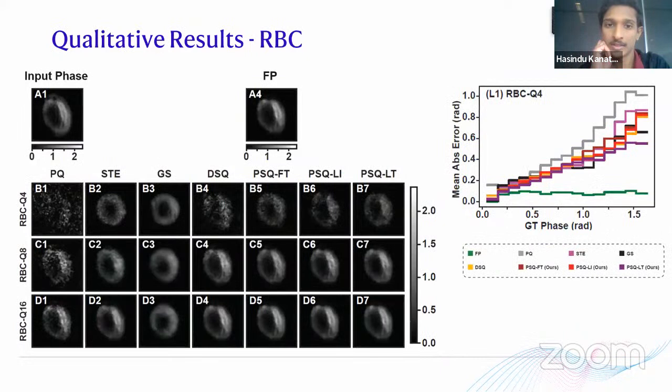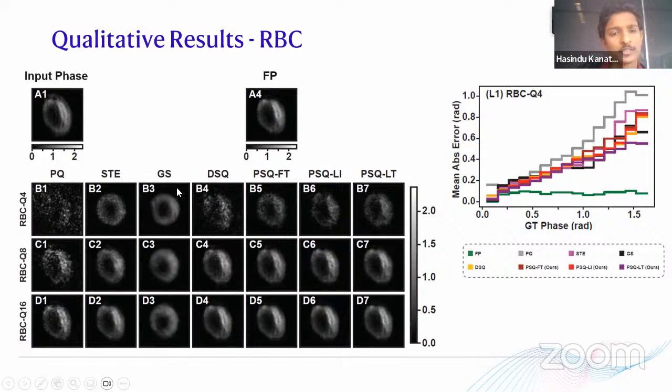And these are the qualitative results, one example from the red blood cell data set. This is the input phase, this is the full precision model result, and these are the results of different methods for 4, 8, and 16 quantization levels. If you consider this 4-level case, this is what I was talking about.